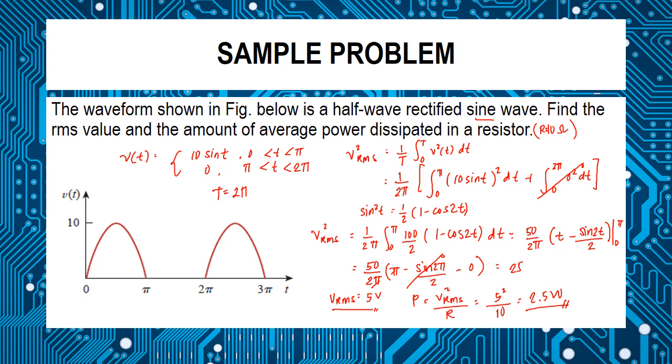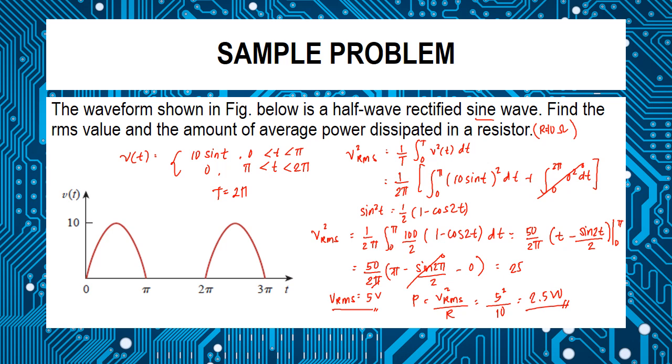So V RMS squared equals 1 over 2 pi, 0 to pi, 100 over 2, and then 1 minus cosine 2t dt, and then this one is 0.